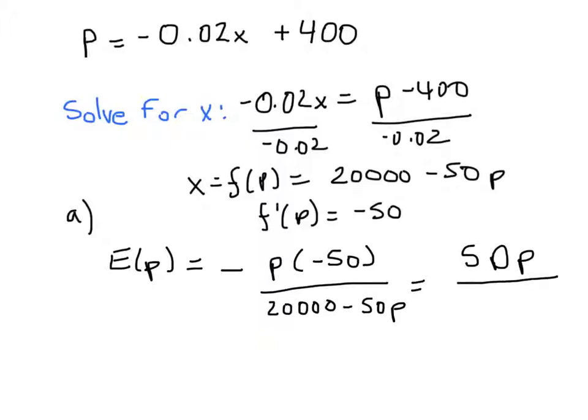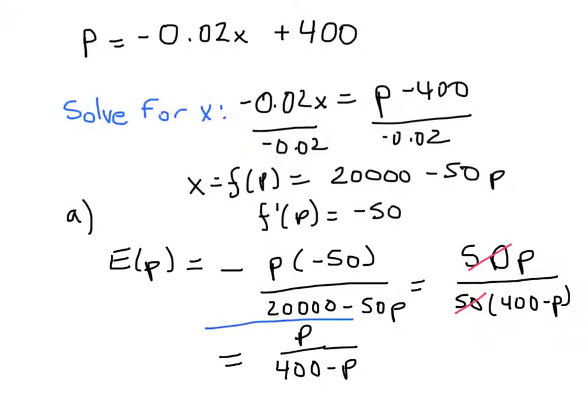And on the bottom I can factor out a 50, and this would be 400 minus p. And so by canceling these 50s, we get E of p is p over 400 minus p. This is our elasticity equation, E of p.